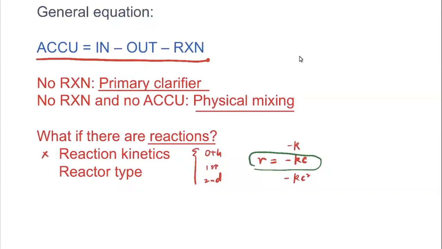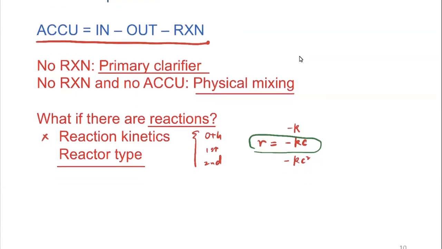But not only does it depend on the reaction kinetics, it also depends on which type of reactor is being used. It really depends on what kind of reaction we're trying to deal with, and also what the reactor is that we're using to let these reactions occur.